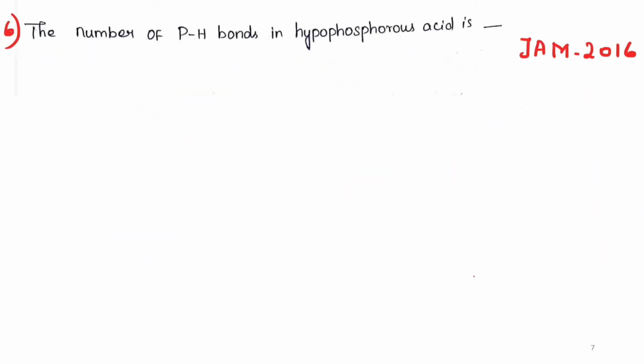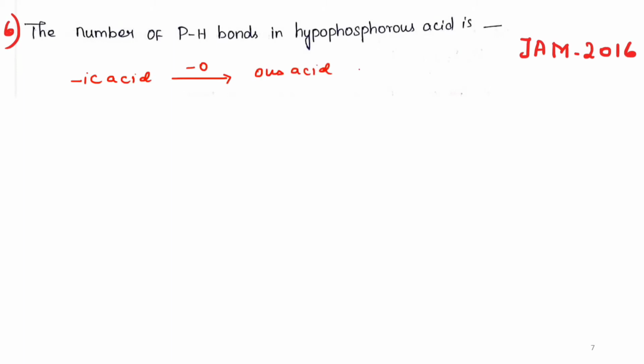They are asking what? The number of P-H bonds in hypophosphorus acid. Very important question. What is hypophosphorus acid? Very simple, right? Now you know the same trick as we discussed in oxyacids of sulfur. First take the ic acid, phosphoric acid, and remove an oxygen. What will happen? You form the ous acid, phosphorous acid.